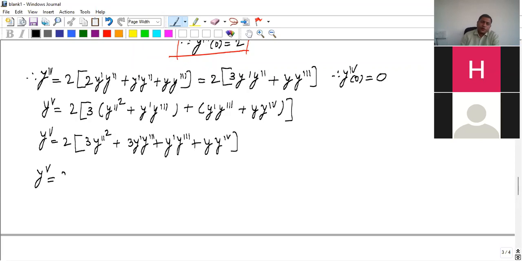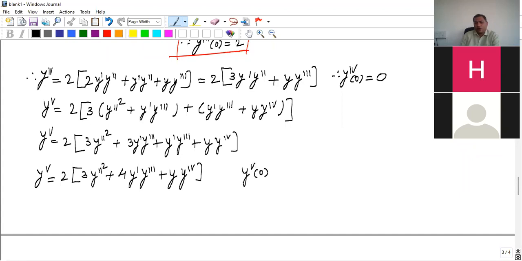So y5 is equal to 2 into 3 y double dash square plus this will be 3 plus 1, so it is 4 y dash y triple dash and plus y y4.